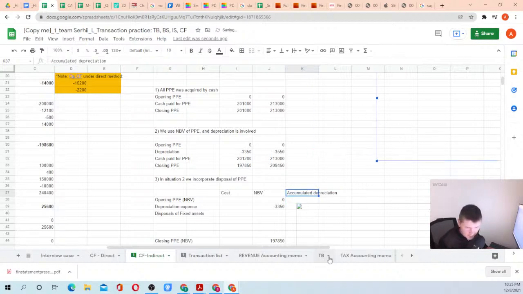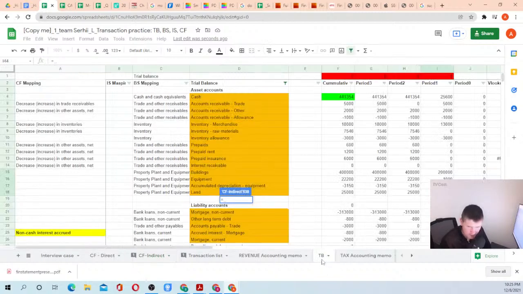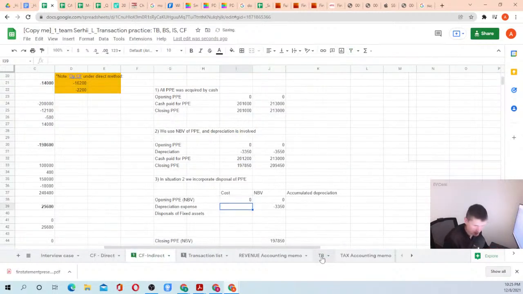Okay, I had some pictures here, but they do not work anymore. So for cost, let's see what we have for cost. So opening is 0, obviously.